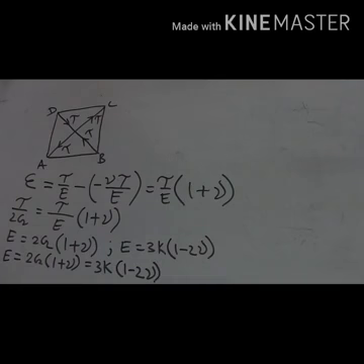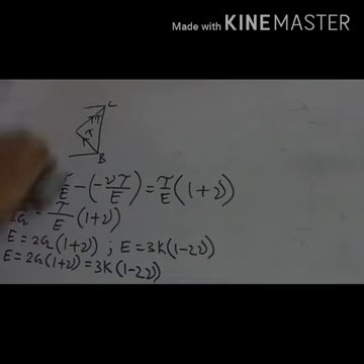This equation relates the elastic constants. Okay, and another form of the elastic constants: from the above equation we may write down 1 plus nu is equal to E by 2G.